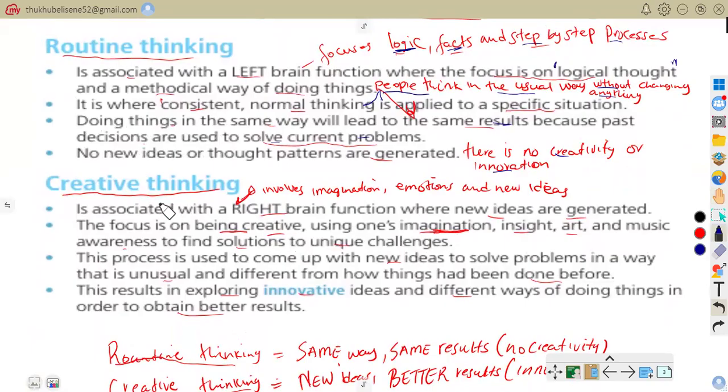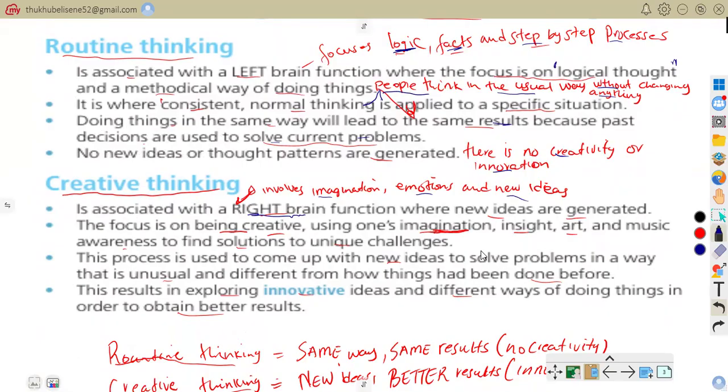With creative thinking, it is associated with right brain function, where new ideas are generated. This involves imagination, emotions, and new ideas.